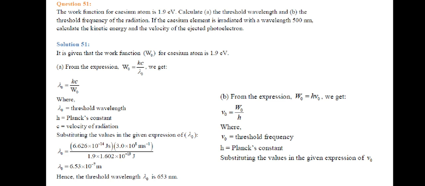The next part is the threshold frequency of the radiation. Now we calculate nu naught, from w naught equals h nu naught. So nu naught equals w naught upon h. Substituting the values, we get nu naught equals 1.9 into 1.602 into 10 power of minus 19 upon 6.626 into 10 power of minus 34.